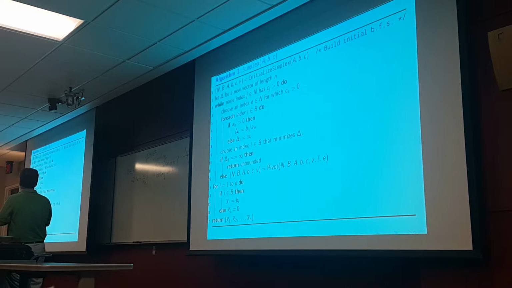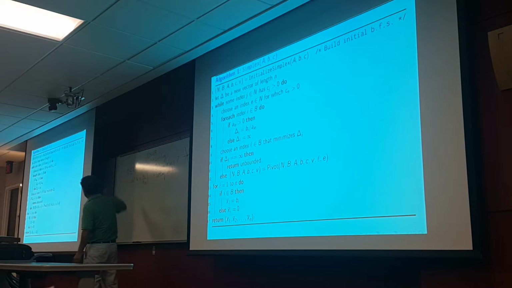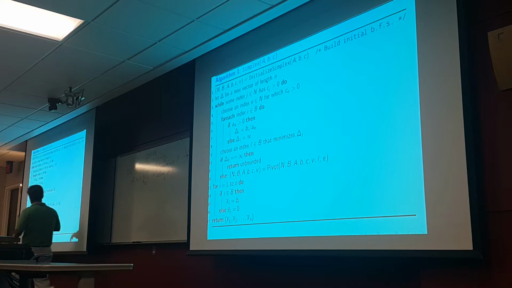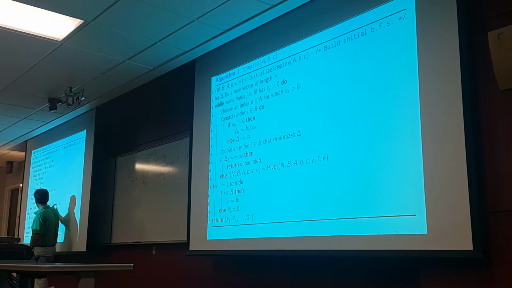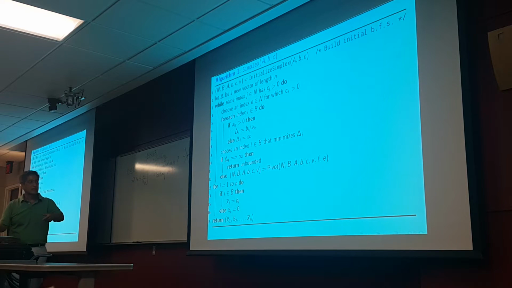So that means that the problem is unbounded. This corresponds to the case I just erased. And if not, then that means that you can pivot. Pivoting means going from one dictionary to another. And the pivot, of course, depends on the dictionary and also your choice of leaving and entering variable. So this is just one pivot step.